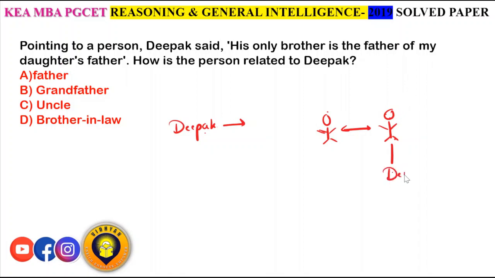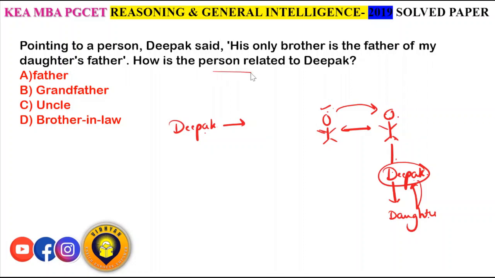That means this person is Deepak here. He has a daughter, my daughter's father. So if you read this line again carefully, Deepak, pointing to this person, is telling that his only brother is the father of my daughter's father.